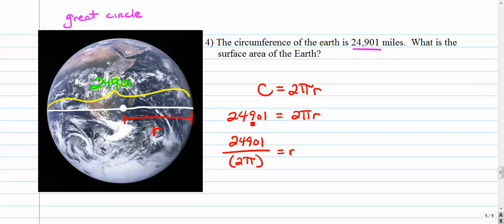When you do that, use parentheses for the denominator, and we get that the Earth's radius is 3,963 miles.